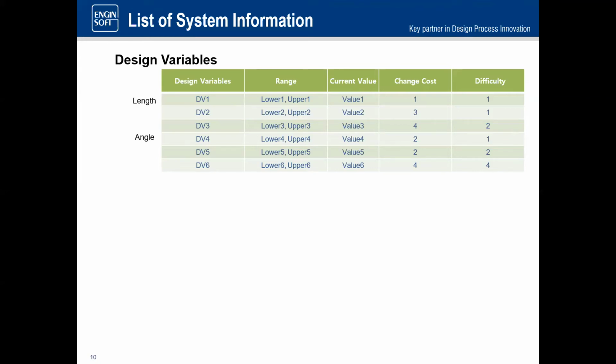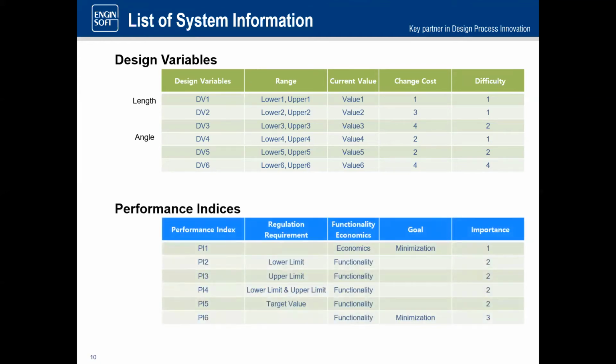So, in this case, we could have like 3 variables that have to do with length, 3 with respect to an angle of something. Next one is performance indices. On this one, we want to be able to look at the different outputs of interest. Some of these outputs need to be constrained, but other outputs need to be either maximized or minimized in order to get to the optimum configuration.